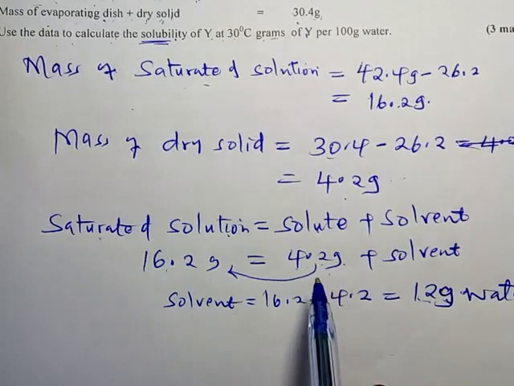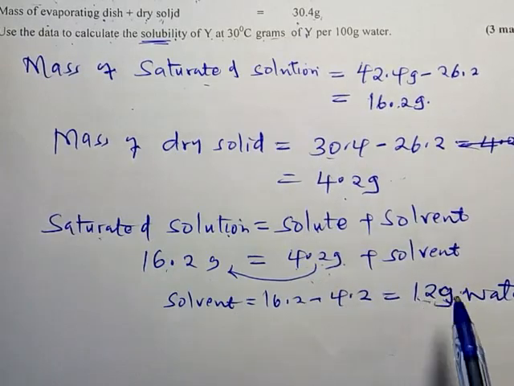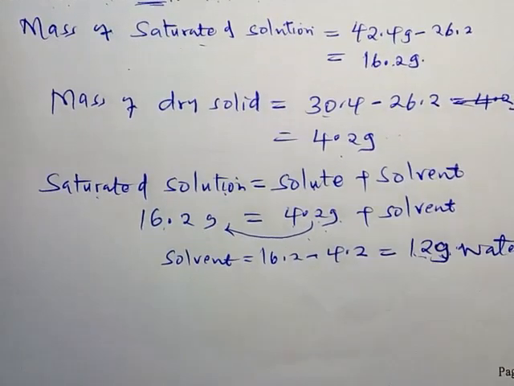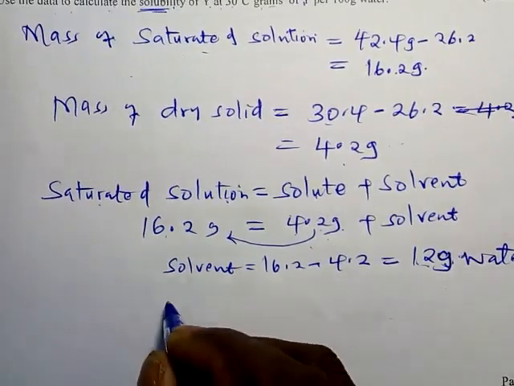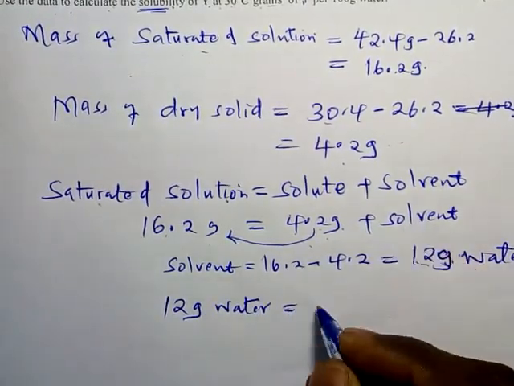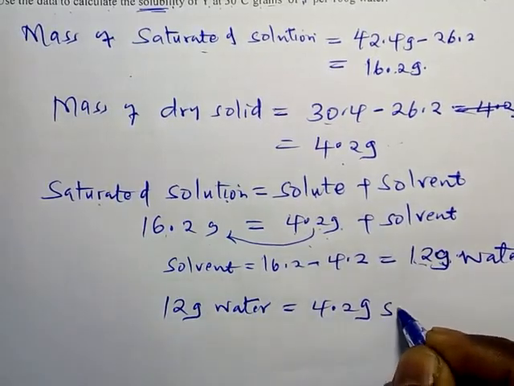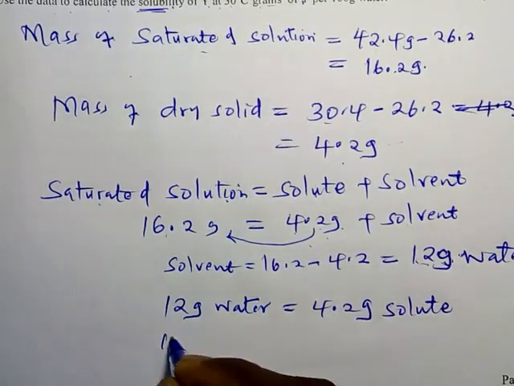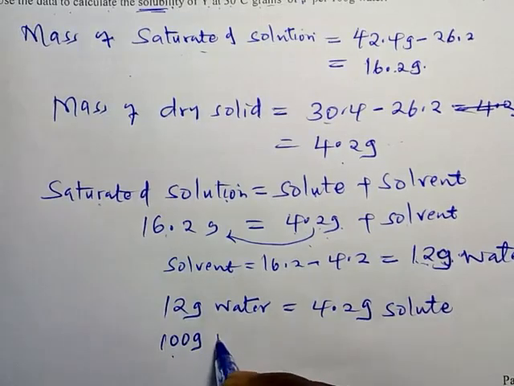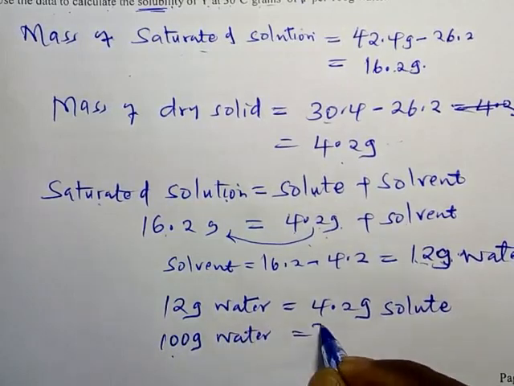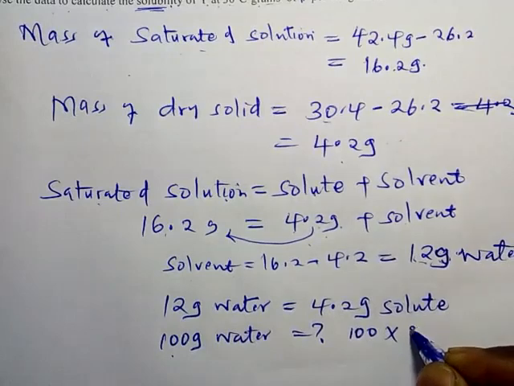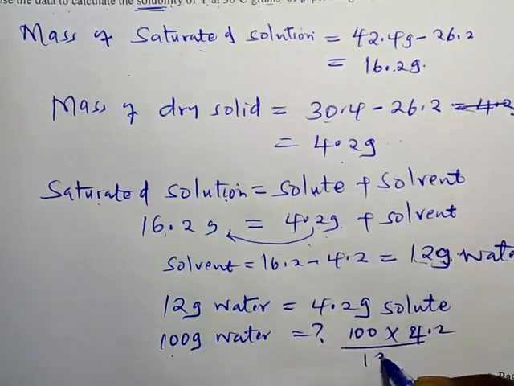Now we ask: 100 grams of water will dissolve what amount of the solute? That's what we call solubility. So we say that 12 grams of water dissolves 4.2 grams of the solute. Solubility is the mass dissolved in 100 grams of water to form a saturated solution, so 100 grams of water will contain what amount of the solute? 100 times 4.2 divided by 12.